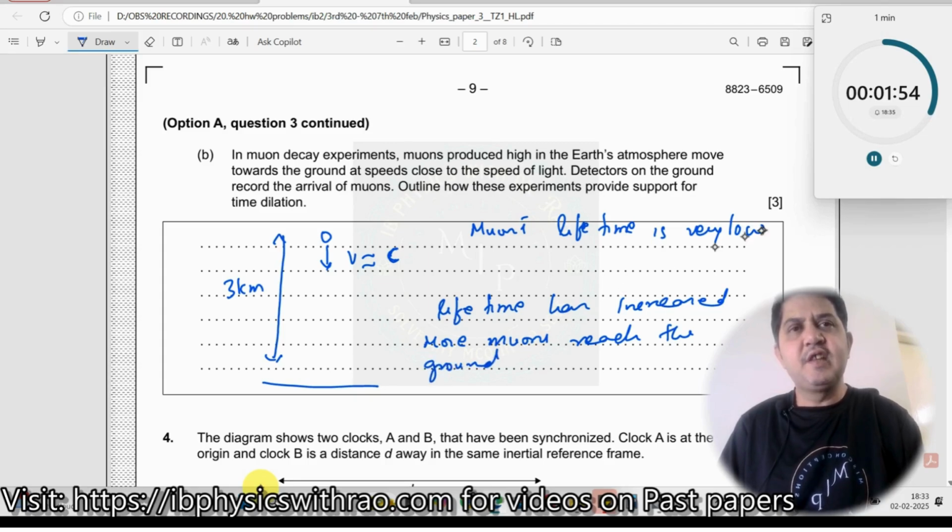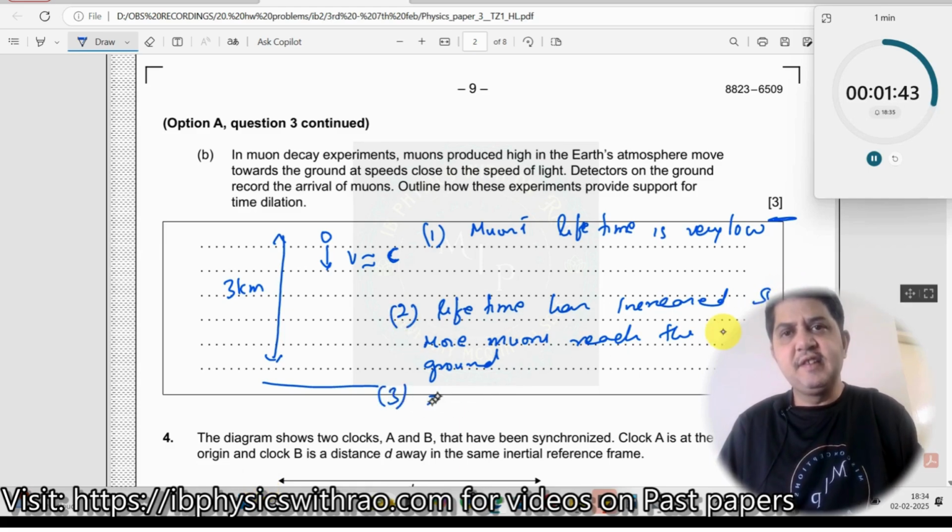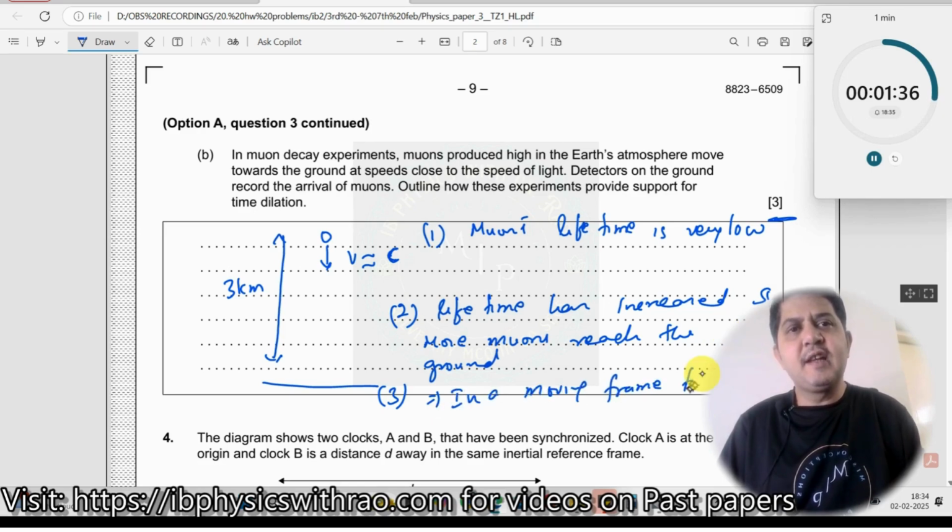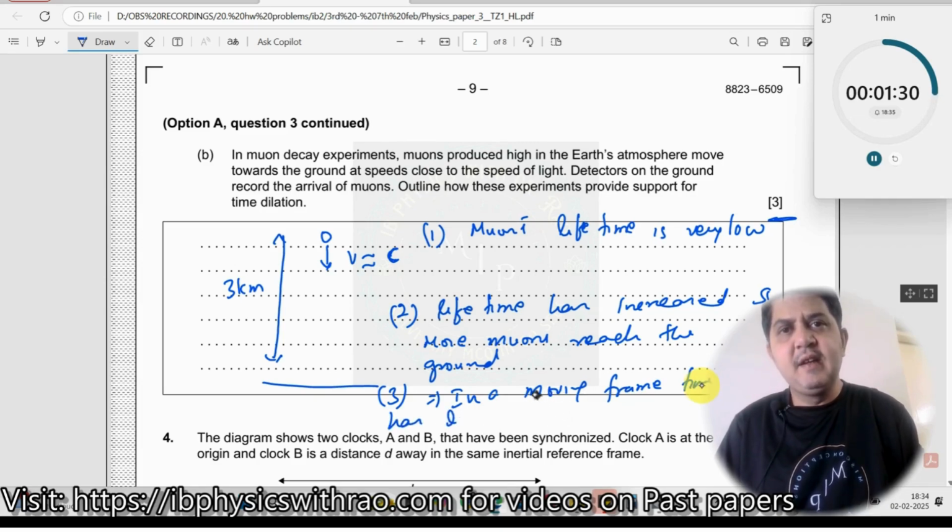Now these are 3 marks. First one is you need to mention this one. Second one, the lifetime has increased since more muons reach the ground. So this implies, in a moving frame, time is the same.